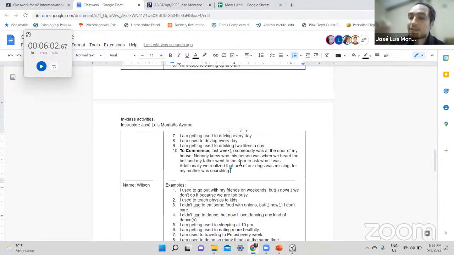But as it's not in the last part, it's at the beginning, then it should be an introductory phrase, last week, comma, or as interrupter to commence, comma, last week, comma, somebody, or yes, somebody was at the door of my house. Okay, so I put it as optional, but if you want to be very formal, it's going to be a good idea to use it, okay, as interrupter or parenthetical phrase.